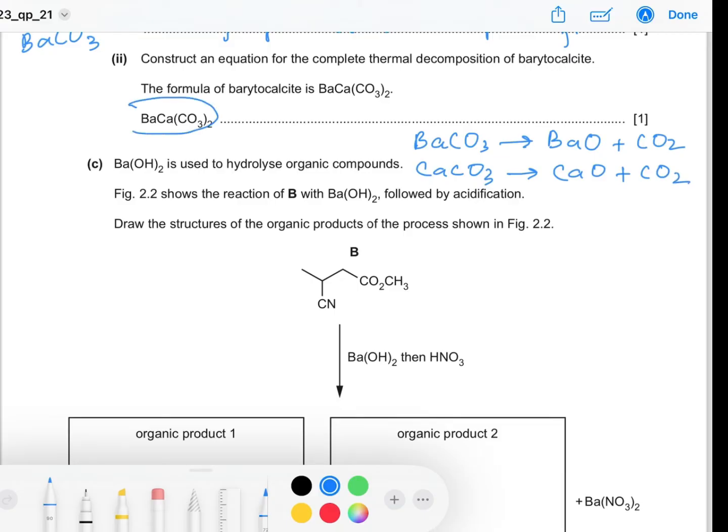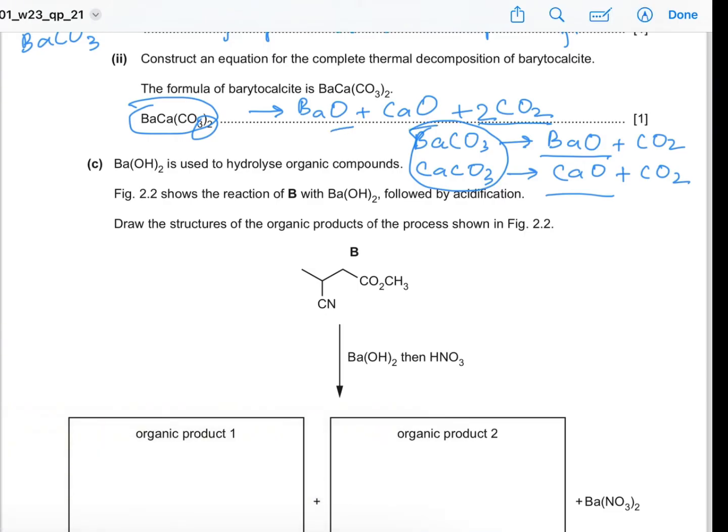When you decompose a reactant which contains both of these compounds, then you will end up with both of these products. So you will have barium oxide, calcium oxide as well as carbon dioxide molecules. So you have 2 carbons, which means you will end up with 2 carbon dioxide molecules as well, and the remaining atoms are balanced. You have 6 oxygen atoms, 4 here and the remaining 2.